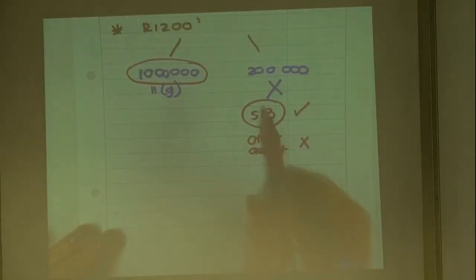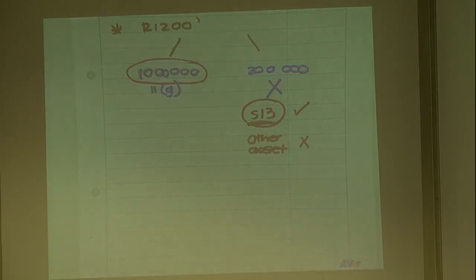The only time you would get the excess is if it happened to be a Section 13 asset. Right. Okay, but for now, we're just dealing with Section 11G now, and 11G is going to make us claim it just on that R1,000,000. So that is how we're going to do our calculations for 11G. Let's quickly have a look at an example together.